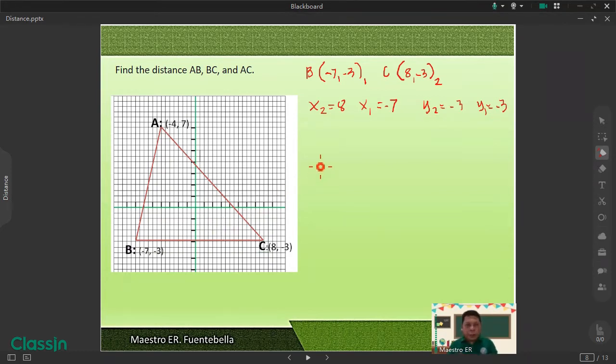So the distance formula is equal now to the square root of x sub 2, which is 8, minus x sub 1, which is negative 7, squared, plus y sub 2, which is negative 3, minus negative 3, y sub 1, quantity squared.